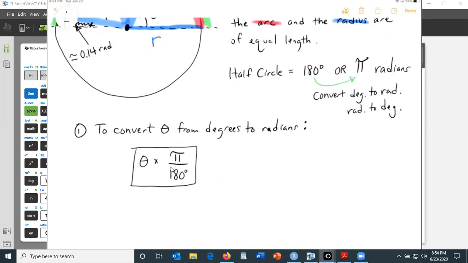All right, because pi over 180, remember these conversions here, these numbers are equal in their systems. So 180 degrees is a half circle, but so is pi radians, but they're on different scales. So in a sense, when you divide pi radians and 180 degrees, that's a unit value of 1. So for those of you that are good with your science conversions, that should make sense. For those that are not, just go by the formula.